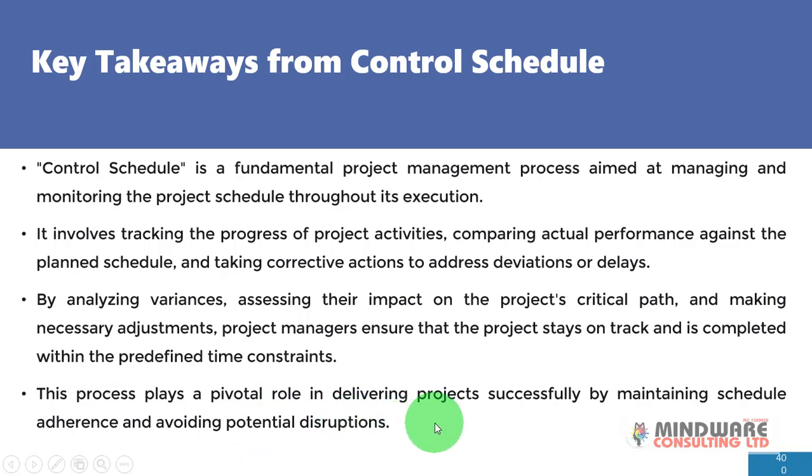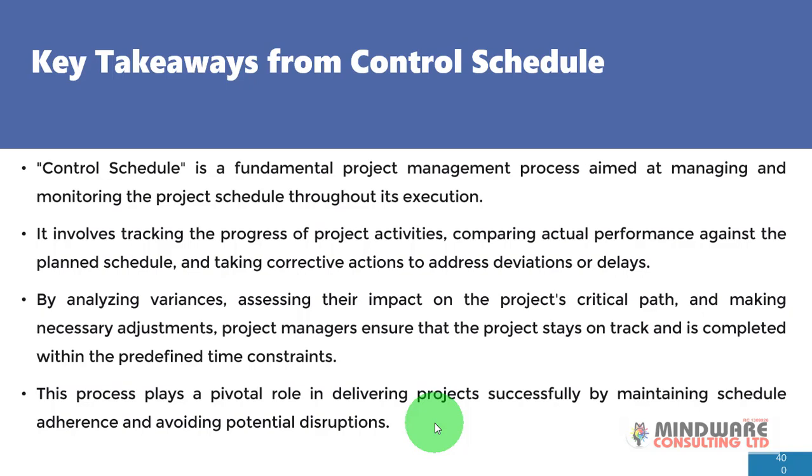So if you take this control schedule process very seriously, you'll find that you're going to have a smooth project execution, because this process does a whole lot of things. It helps you in managing and monitoring your project schedule throughout its execution, and in tracking your project activities.